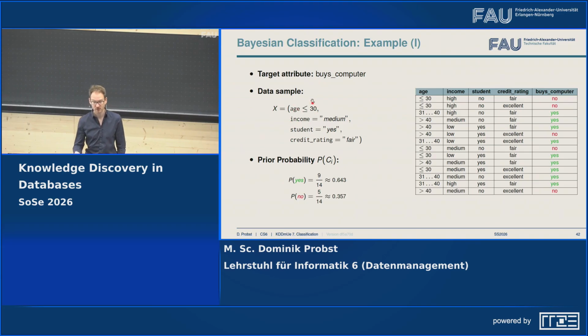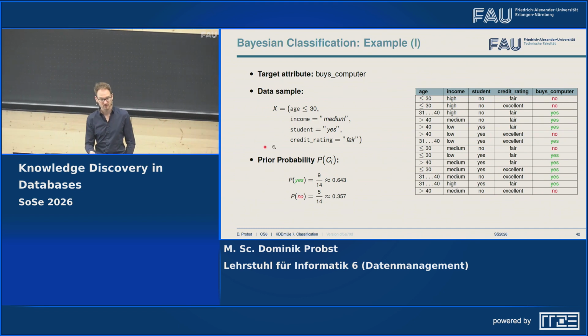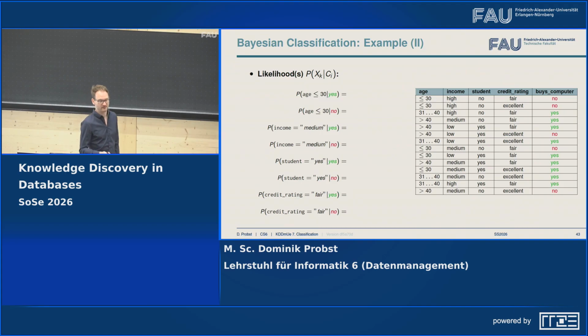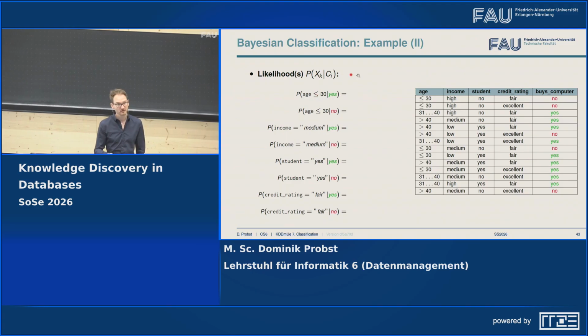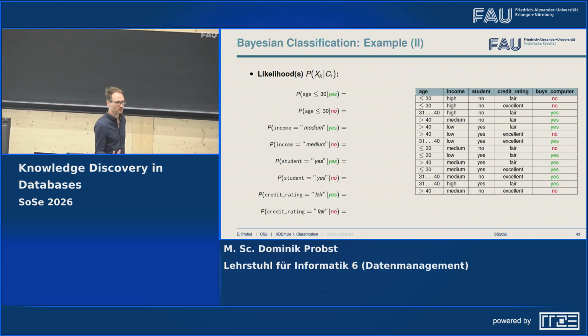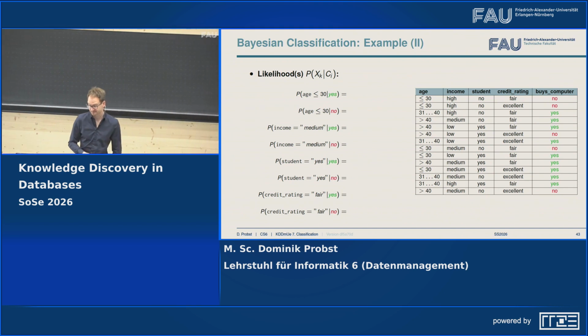So age below 30, income medium, student yes, credit rating fair. So we have to take a look at the likelihood of age below 30 belonging to the class yes, of age below 30 belonging to the class no, of income medium belonging to the class yes. That makes the calculation pretty easy because we only have to take a look at 8 possible likelihoods.